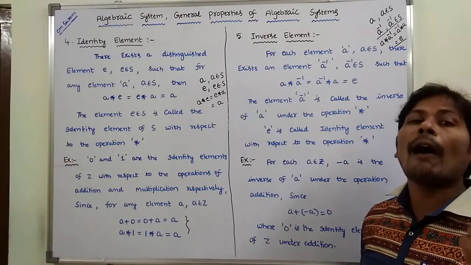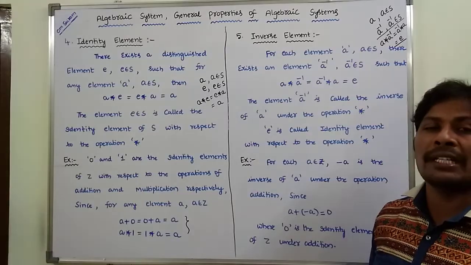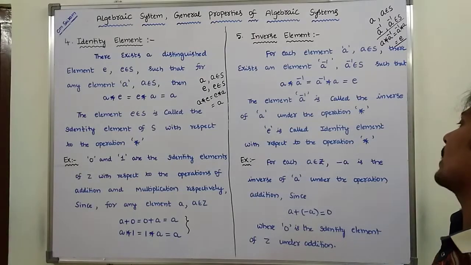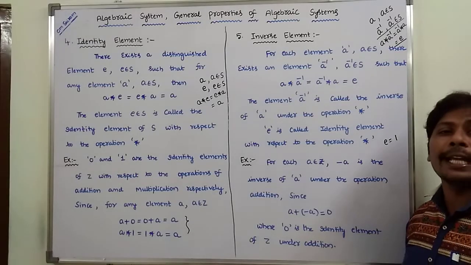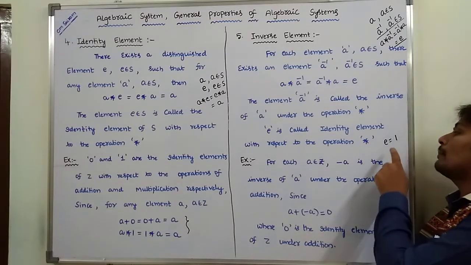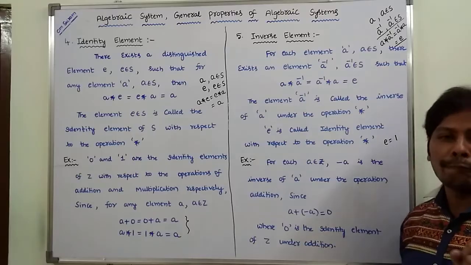E is called the identity element with respect to the multiplication operation. So E is equal to 1, because the identity element with respect to the multiplication operation is 1.